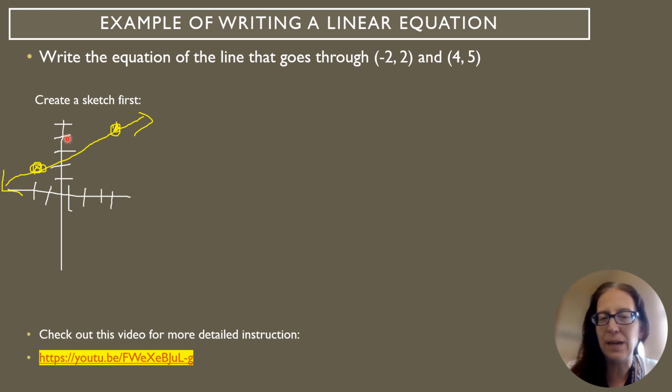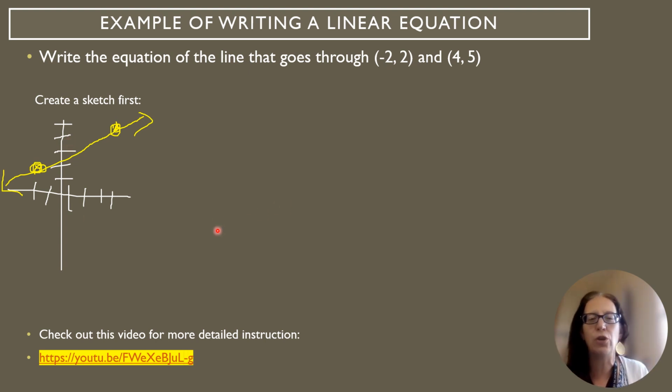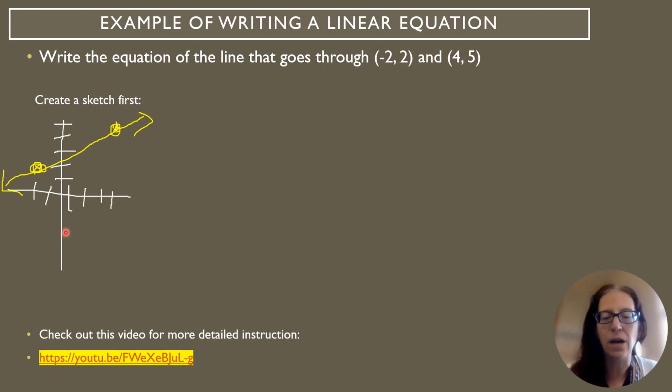It's not going to be as high as 5. So my y-intercept should be somewhere between 2 and 5, and I think it's going to be closer to the 2 than it is to the 5. I don't want to draw too many conclusions from that. But what I do know is that when I get my equation, if I end up with a y-intercept of -4, it's wrong. I've done something wrong. So by sketching it, we do get an idea of what our solution should look like.